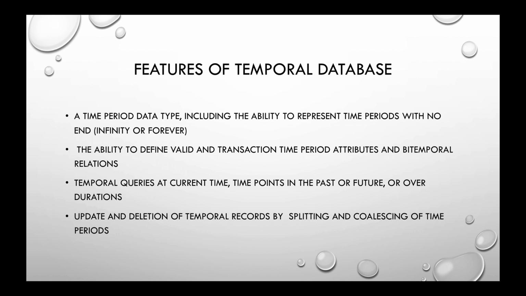Third, the temporal database can maintain historical information so that we can query the data at current time, points in the past or future, or over durations. Lastly, the temporal database never deletes records. The administrator updates and deletes temporal records by splitting and coalescing of time periods.